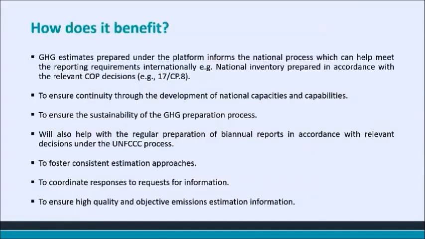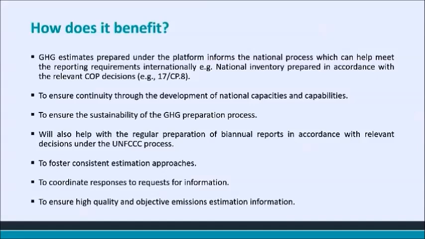As per decision 17 of the 8th session of COP, each non-Annex I party needs to communicate an inventory of anthropogenic emissions by sources and removals by sinks of all greenhouse gases not controlled under the Montreal Protocol. So GHG estimates prepared under this platform inform the national government and can help meet the reporting requirement internationally.